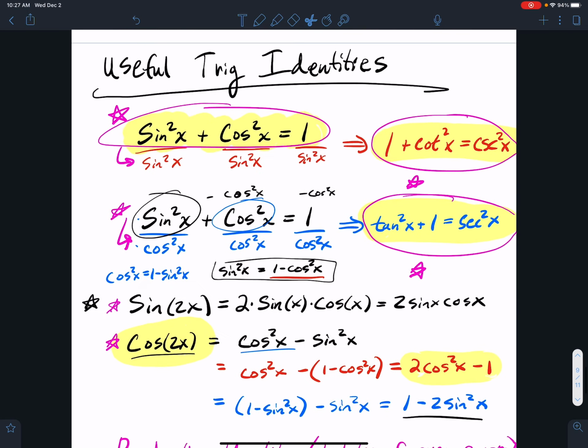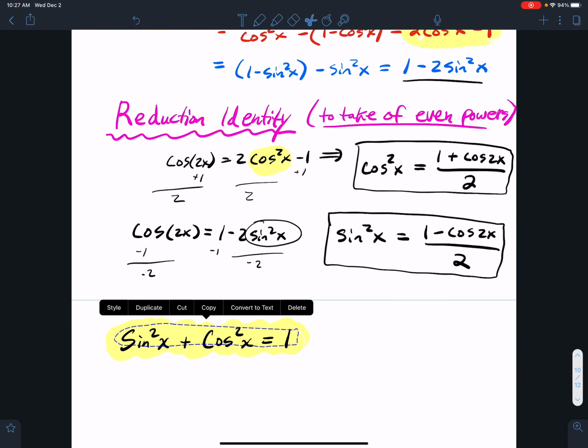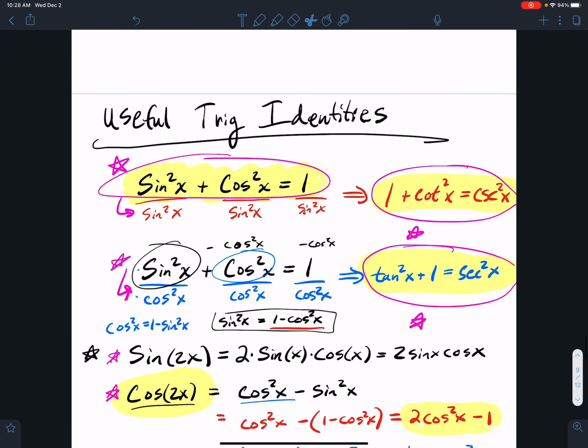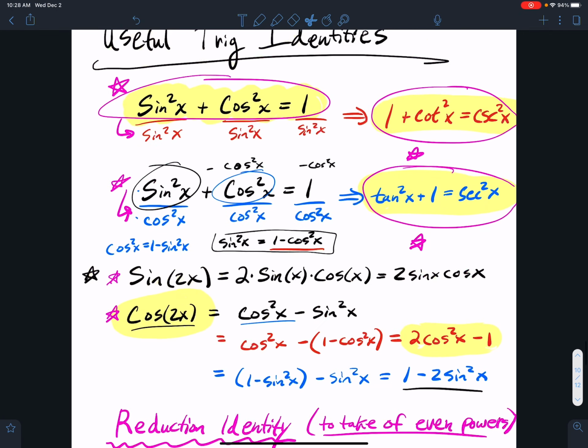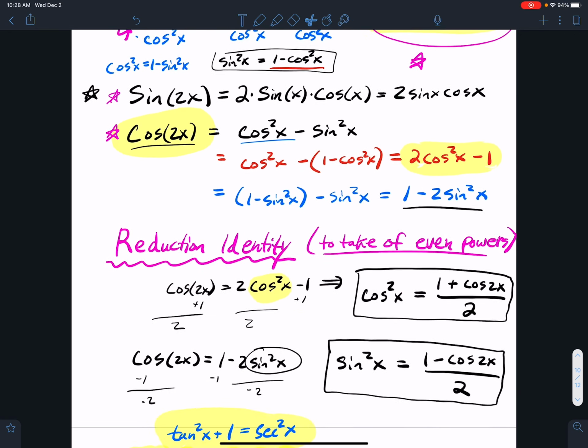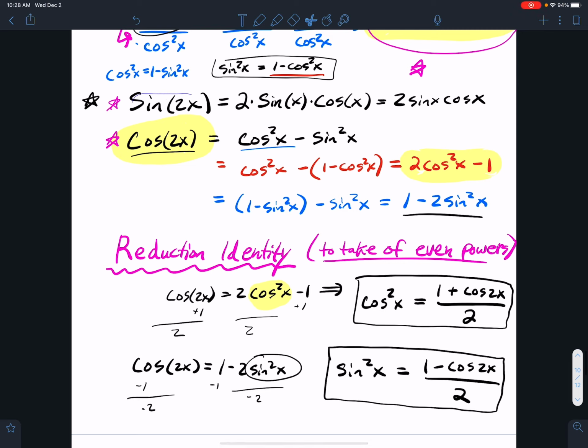So let me copy and paste these all in one spot. So if you're a note card person, you want to put them all in one spot. Cool. And you either need to memorize them or know how to find them at any point.